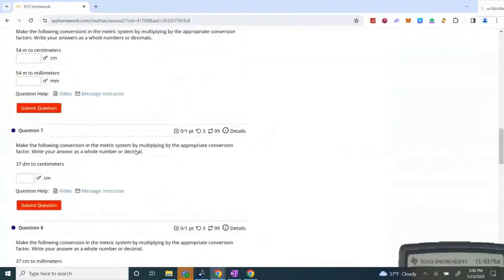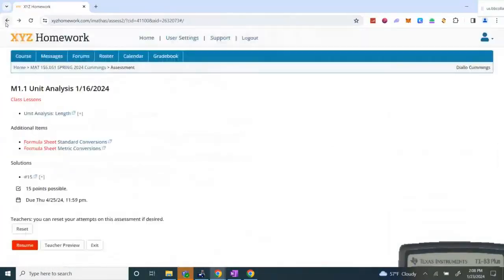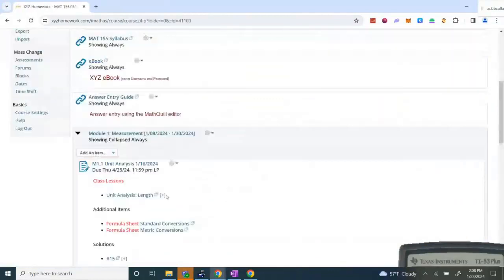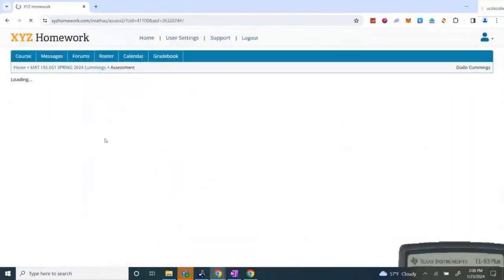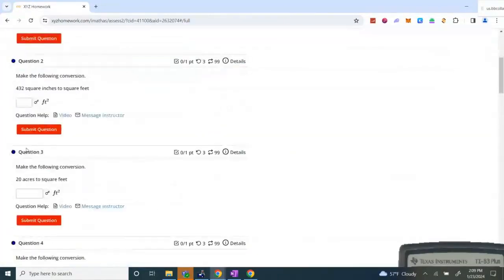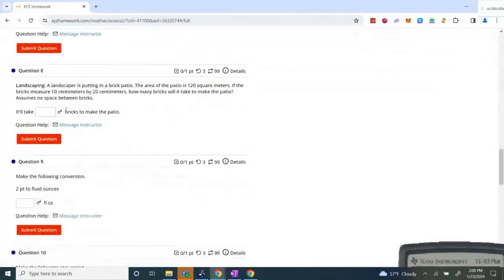Now, how I did mine, because there's more than one way to work out any math problem, is I converted everything to square meters.